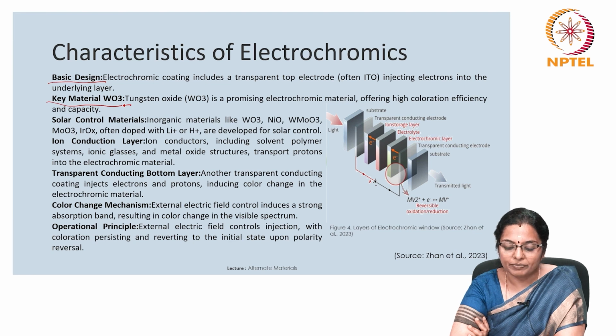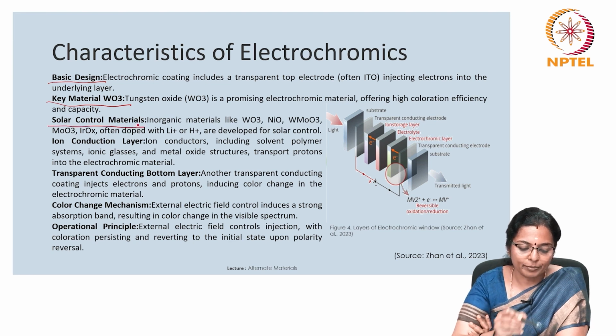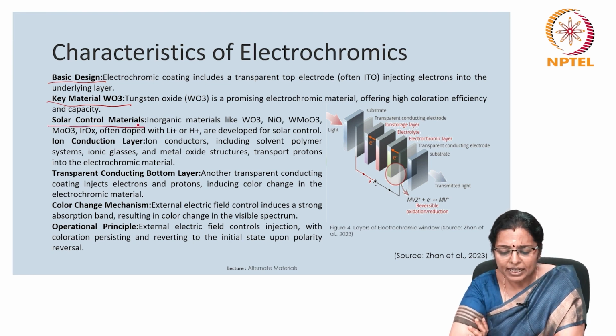Tungsten oxide is a promising electrochromic material offering high coloration efficiency and capacity. It has solar control materials, inorganic materials like tungsten oxide, nickel oxide, etc., which are often doped with lithium or hydrogen. They are developed for solar control.